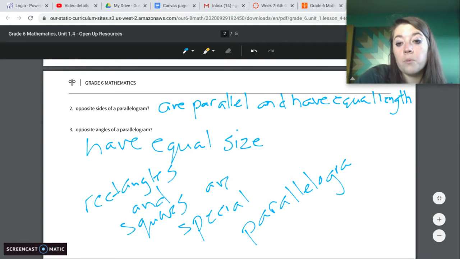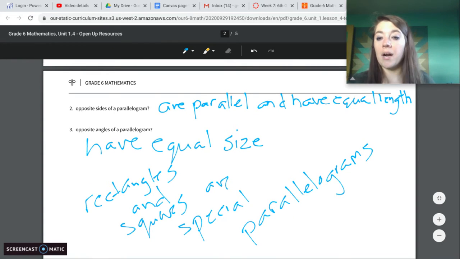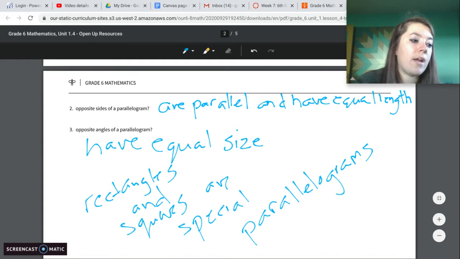So rectangles and squares are parallelograms, even though they may not have the stereotypical slant that a parallelogram does, they still are parallelograms because their opposite sides are equal and parallel. The opposite angles are congruent, they're the same, and they have 4 sides. So they fit the criteria there, okay?